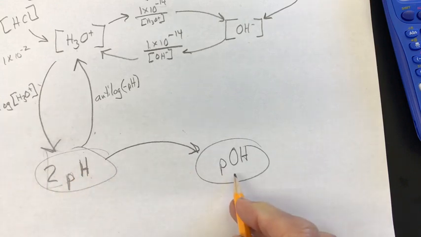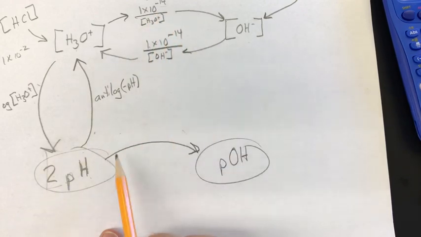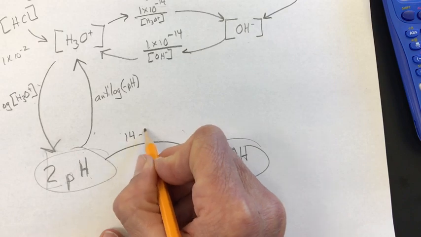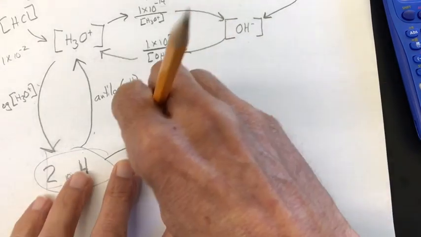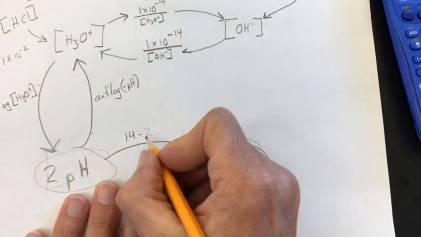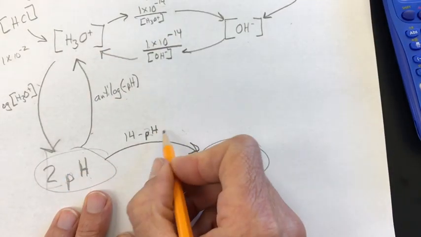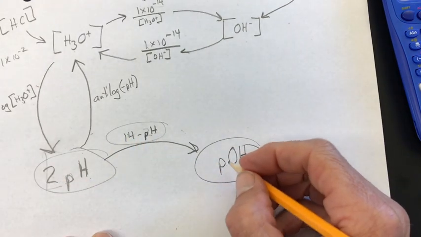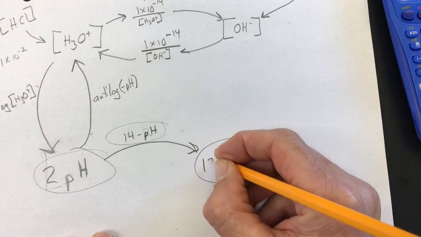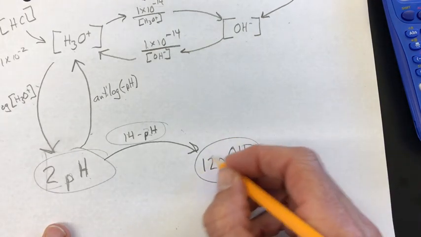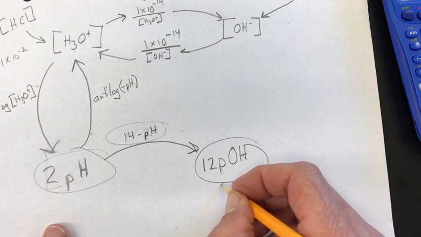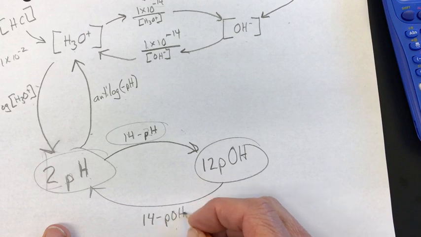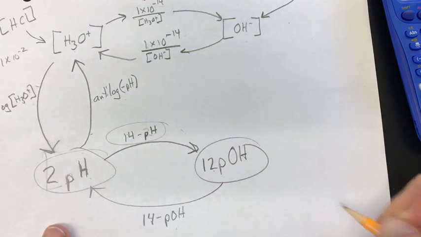When it comes to exponents, we just subtract: 14 minus the pH. In this case, 14 minus 2, so the pOH would be 12. And if I knew my pOH and wanted to go the other way, I would take 14 minus the pOH. So 14 minus 12 would be 2.